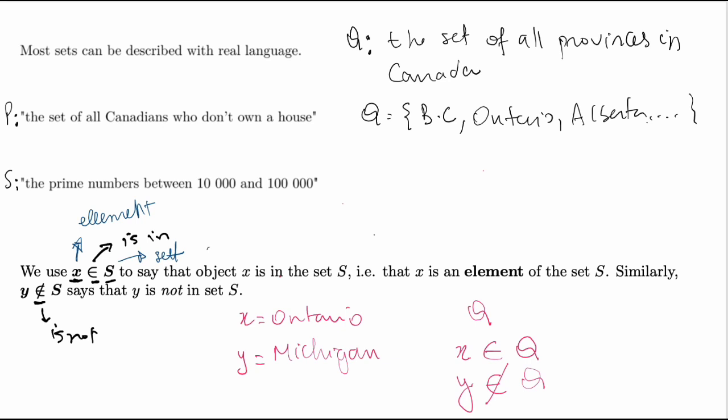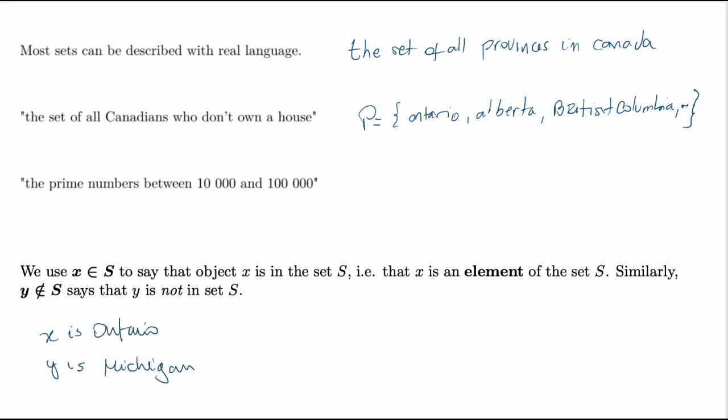So now I want to also define what we call a universal set. Okay, this is also an important definition, and the universal set is a set of all elements under consideration of a problem.